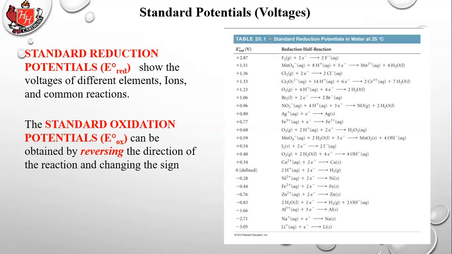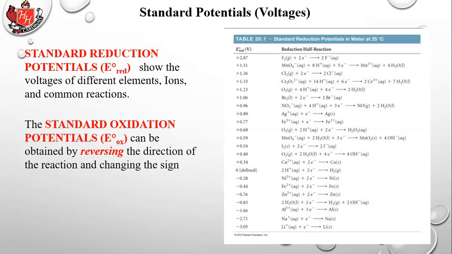So standard oxidation potentials, that's E with a circle and ox for oxidation, can be obtained by reversing the direction of the reaction and changing the sign. So just take the very top one. F2, that's fluorine, is going to be reduced by gaining 2 electrons to become 2F minus ions.